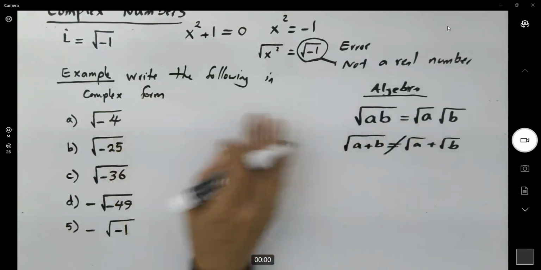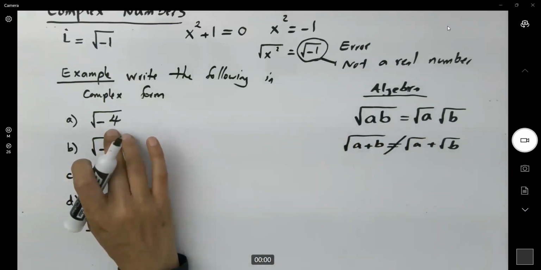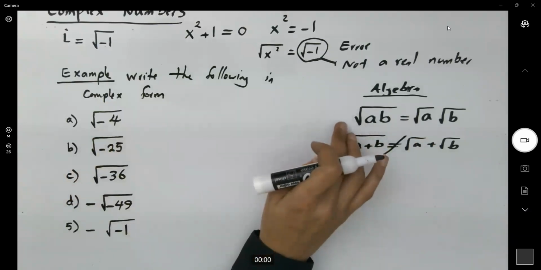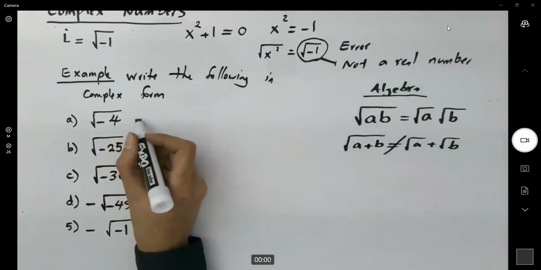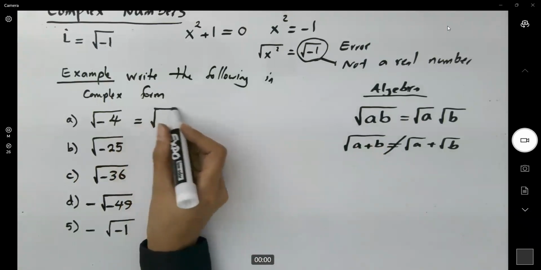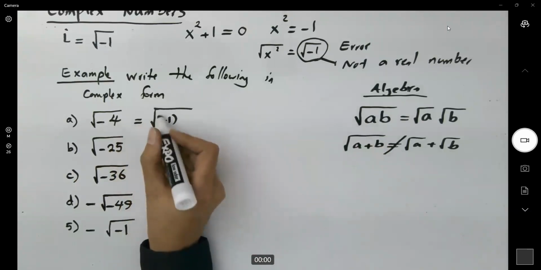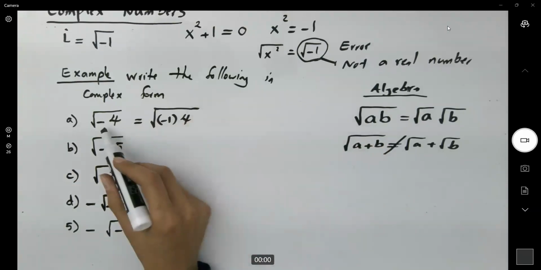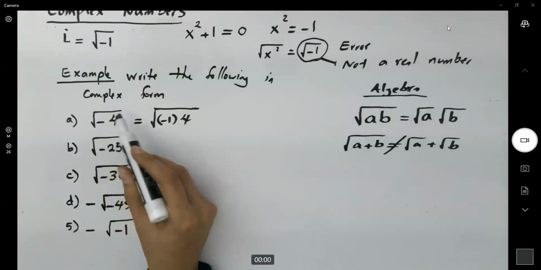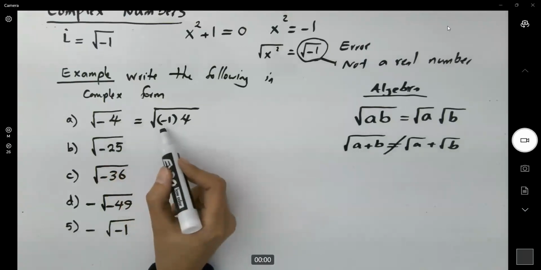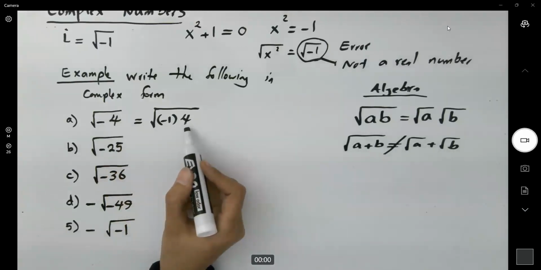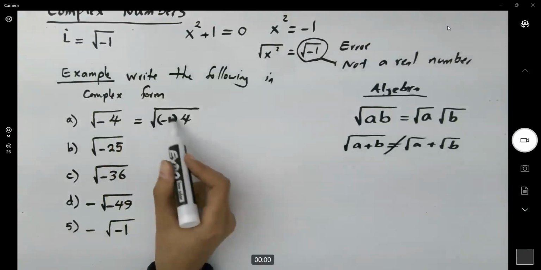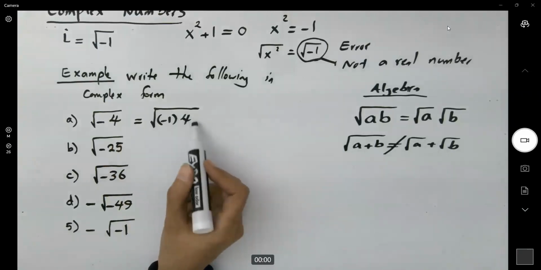Okay, so this is a -4. Why am I mentioning square root of AB? Well, -4 is -1 times 4. That's how I officially define -4. -4 is -1 times a positive number 4. So your A is -1, your B is 4.